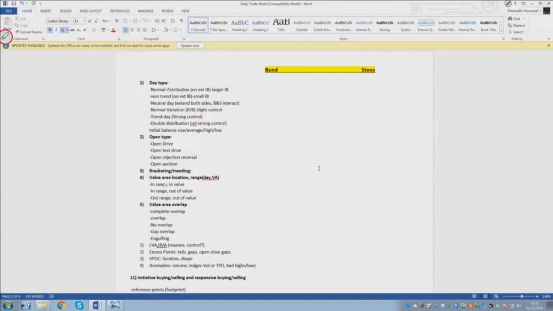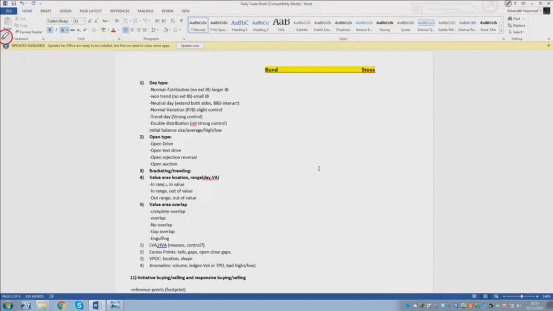We would try and identify what kind of day type we exhibited on the previous day. Was it normal distribution, non-trend, neutral day, normal variation, trend day, double distribution? So straight away, we look at the previous day and we try and create for ourselves a little bit of understanding as to what we could potentially expect today. We then look at the open. So we look at the first hour of trade.